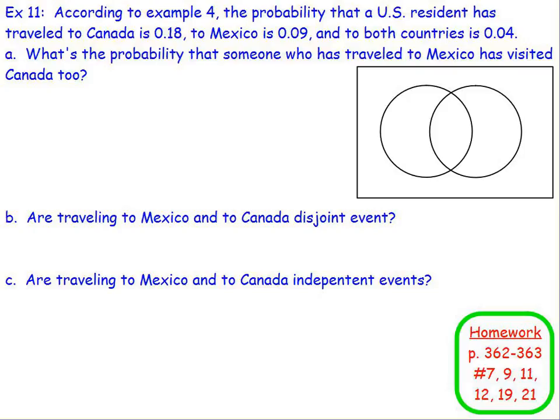It says according to example 4, so we've actually seen this Venn diagram before. It was the U.S. residents have traveled, the probability the U.S. resident has traveled to Canada is 0.18, to Mexico is 0.09, and to both is 0.04. We've done this problem before, so let's remake that Venn diagram. Make sure you did it correct. I can't spell Canada.